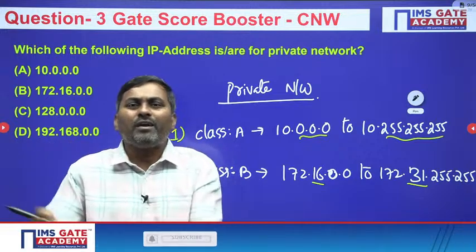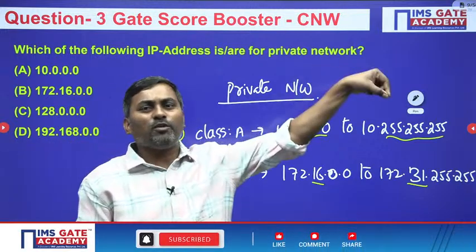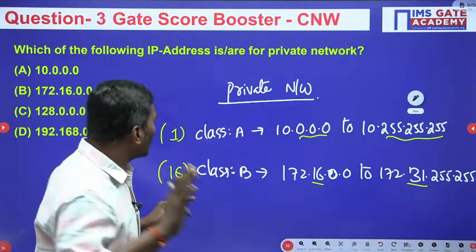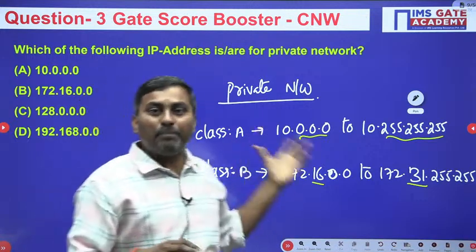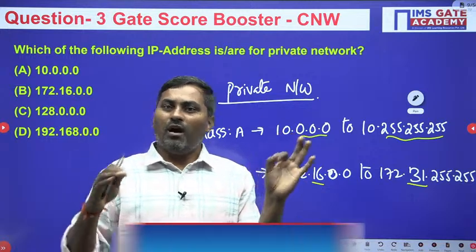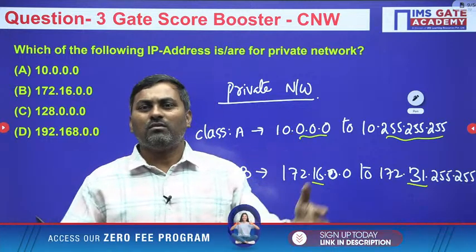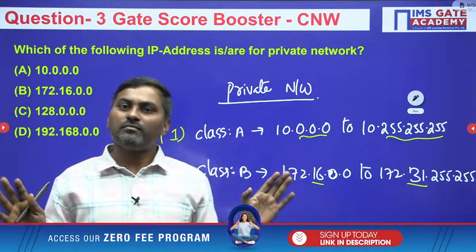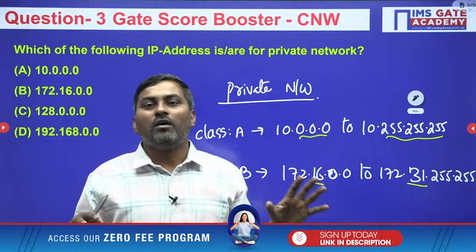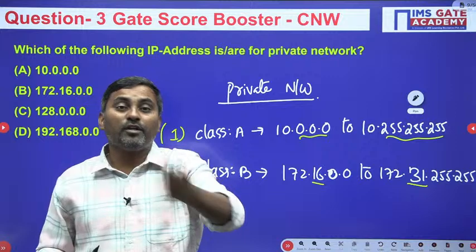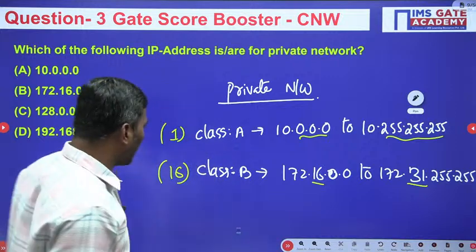If nobody is required to participate in public IP, you can communicate, correct or not? Now my question to you: these private IP addresses, can they be reusable? Are they able to be reused in different organizations, the same IP addresses? Yes, highly possible. Because they are not public IP, please understand, public IP cannot be reused again. That is a unique IP address.